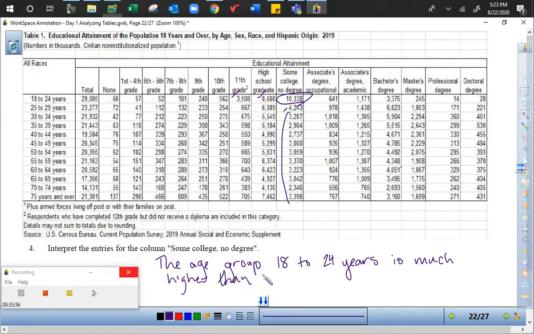That's what we decided. Okay, but that's because that's the age they're entering college, if they're going to college. And that's not true for everyone, but it's just a generalization.